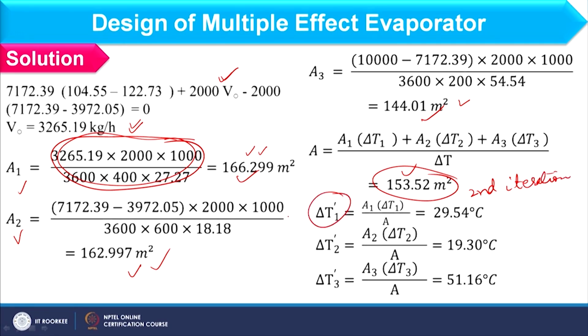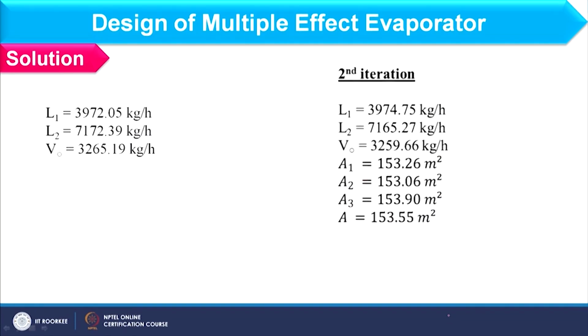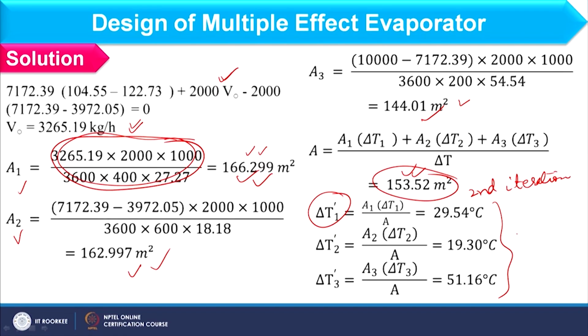Revised temperature differences of each effect you can find considering the average area as well as the actual area, and once I have these values you can find T1, T2, and T3 is fixed at 50 degrees Celsius.